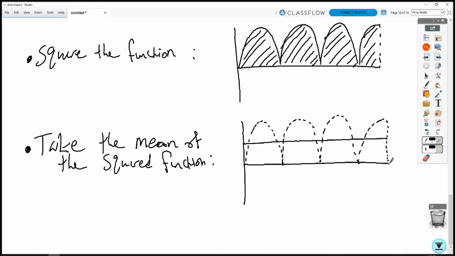So it will turn into this flat line you see here. And the shaded region of the flat line, apologies, the shaded region of that flat line is the same as the shaded region of the squared function above.